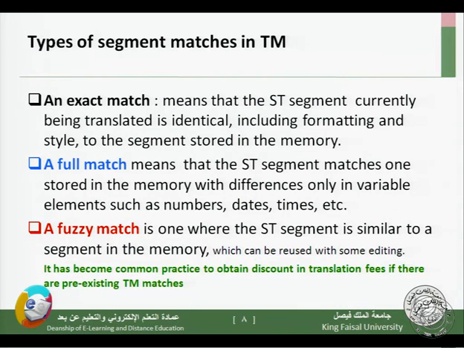Now, this kind of translation is becoming very popular. You know why? Because it helps the translator, because it helps to obtain a discount in translation fees. Why? Because there is already existing translation.